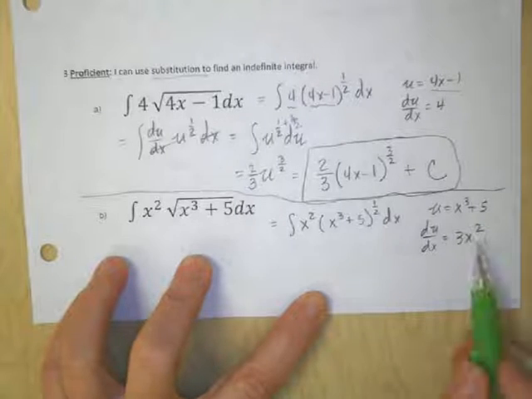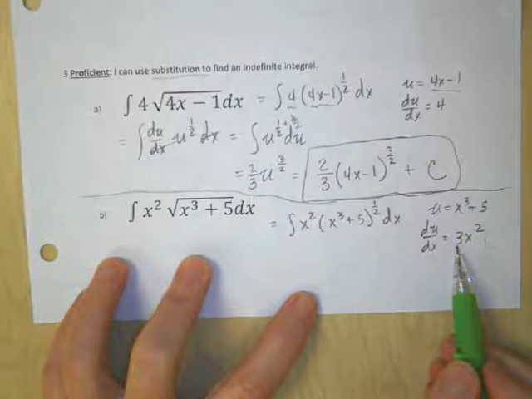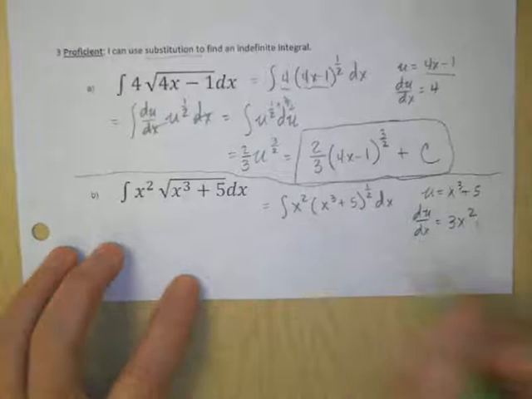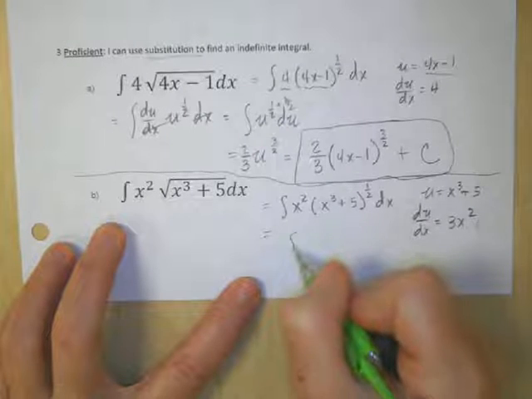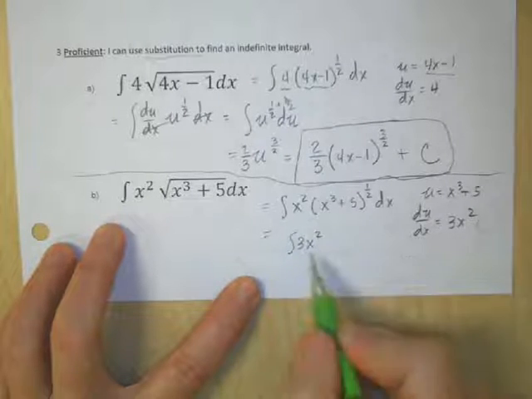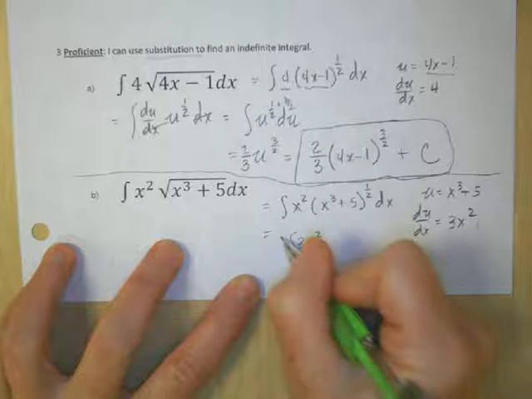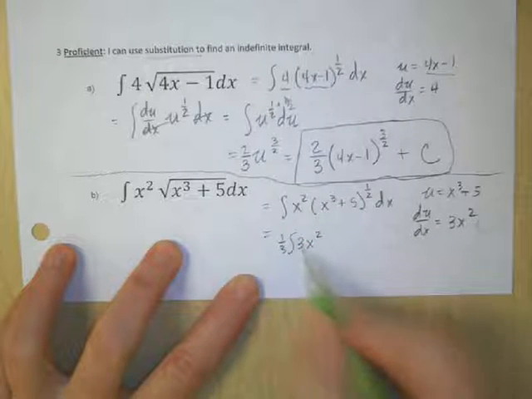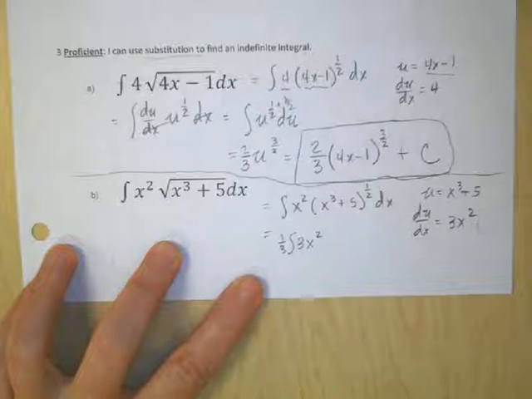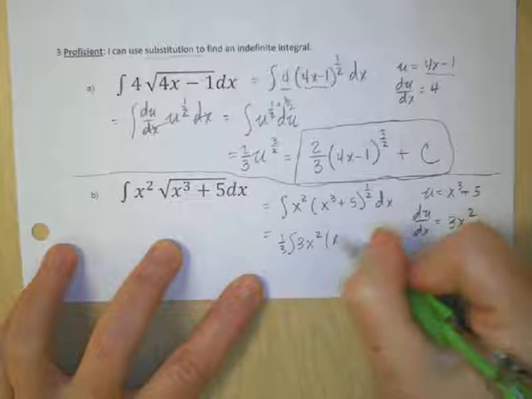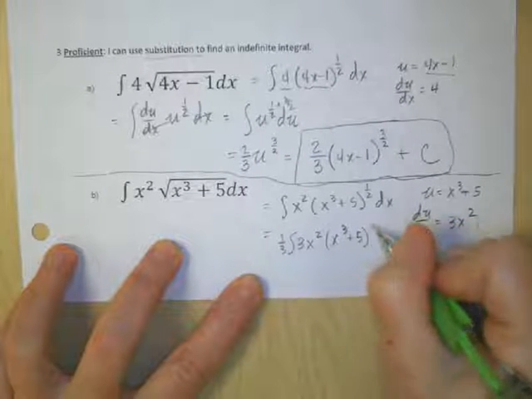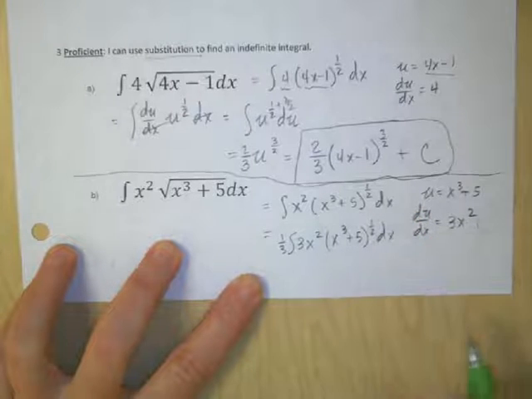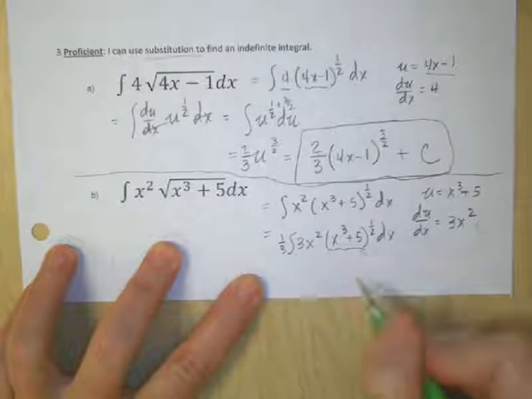Okay, so notice I have the x squared, but I'm missing the 3. So I'm going to rewrite my integral with a 3x squared. But if I put a 3 there, to counteract it I have to put a 1/3 here, because 1/3 times 3 is 1. So now I haven't changed anything. And then keep going, x cubed plus 5 to the 1/2 dx. Now, here's my u, and here's my du.